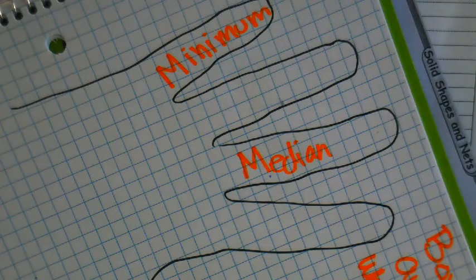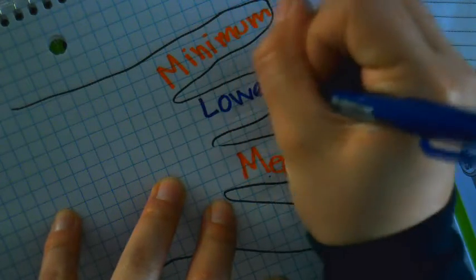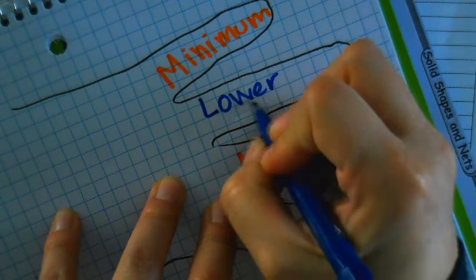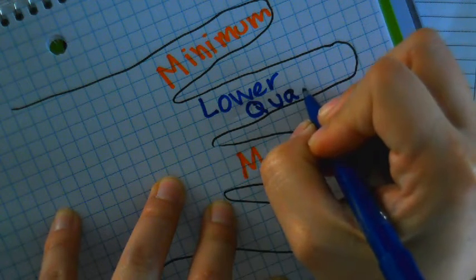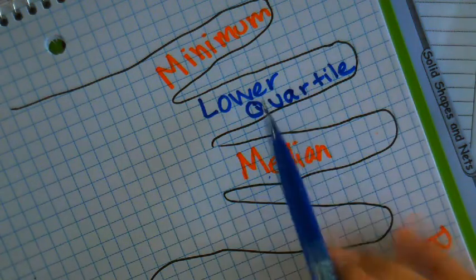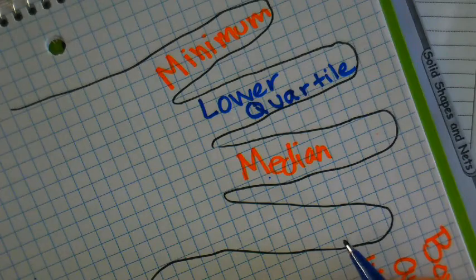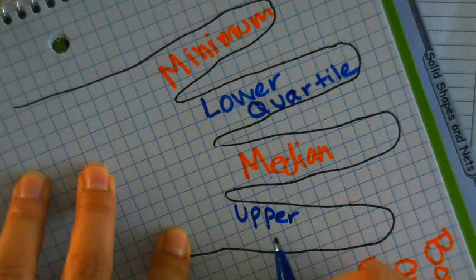We're trying to stuff new information into your brain before the math. Your ring finger is called the lower quartile, quartile like tile from the kitchen. And your pointer finger, your index finger, is called your upper quartile.